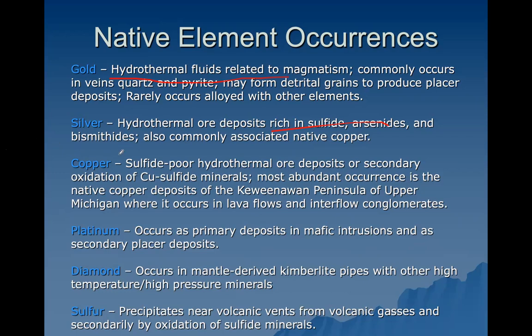And native copper, at places where copper is found, you can still find silver also, in most of the cases, because their genesis is almost similar. And copper, again, occurs in hydrothermal ore deposits or by secondary oxidation of copper sulfide minerals.